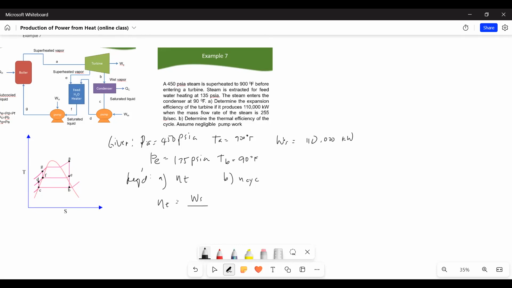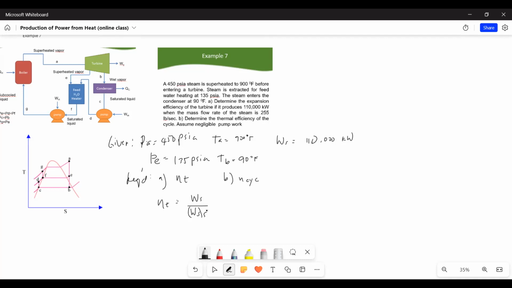So don't be confused with work shaft. Here is the work isentropic. So work shaft, the actual work, over work isentropic. So that's the equation of the efficiency of the turbine.